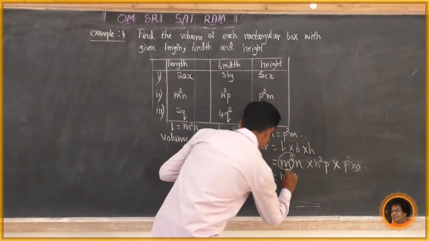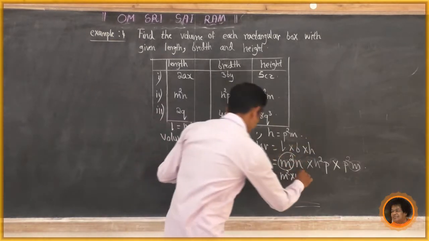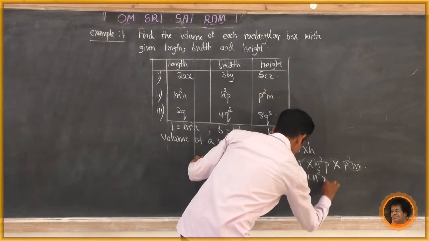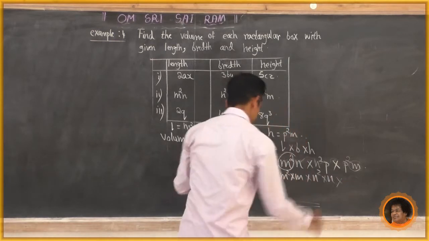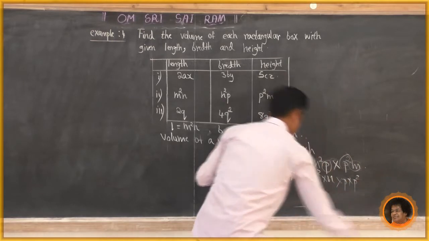So write together m squared into m. Multiply the same variable. Then n into n squared, and p into p squared. What do we get?